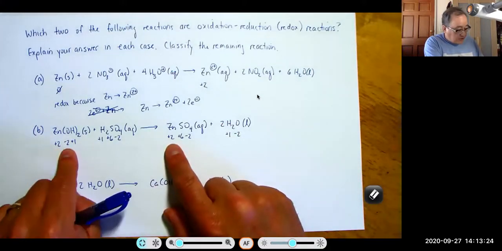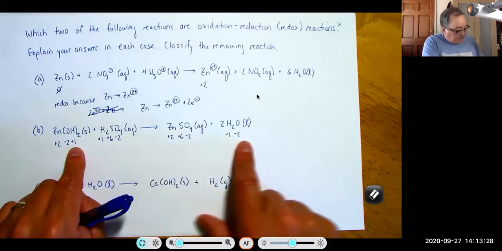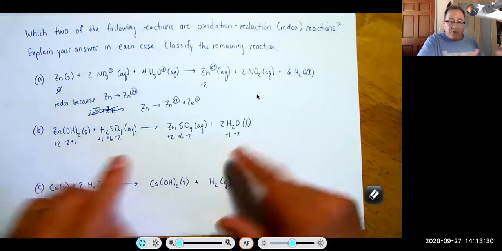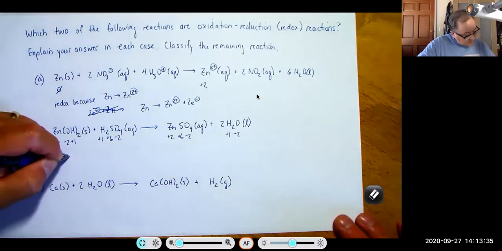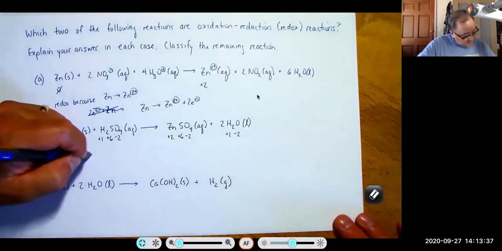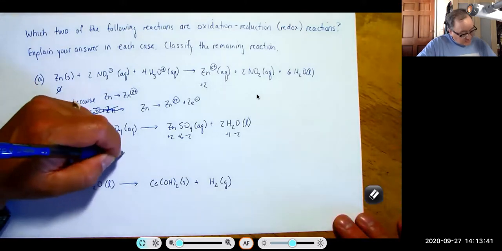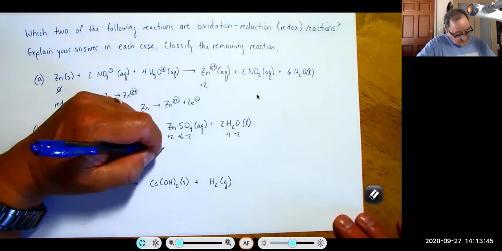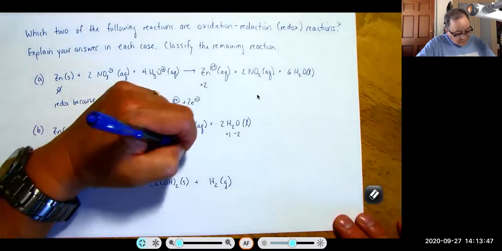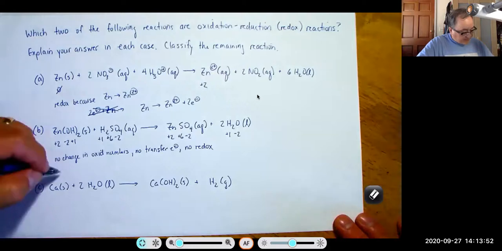How about oxygen? Nope. How about hydrogen? Nope. How about sulfur? Nope. No change in oxidation numbers, so that means no transfer of electrons. So no redox. So what is this? This is an acid base.